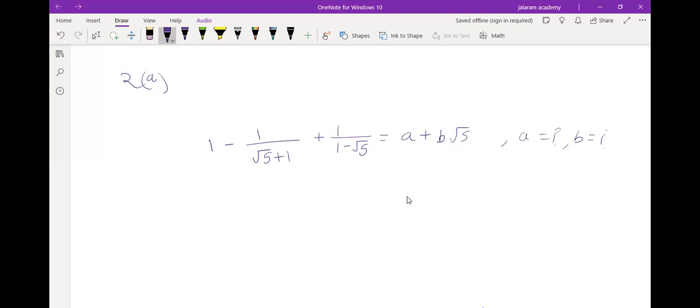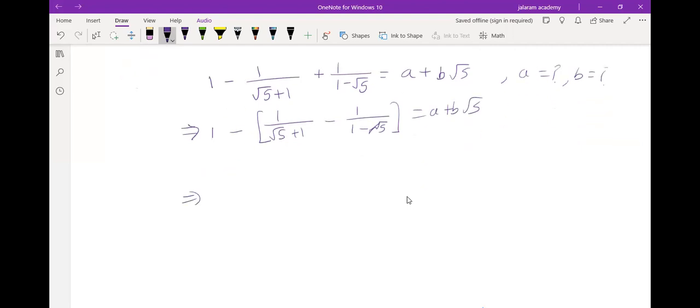So how will you find this? Now this time first we take minus common from these two. So 1 minus, now this denominator root 5 plus 1, and this is the denominator 1 minus root 5, and they are rationalizing factor of each other.